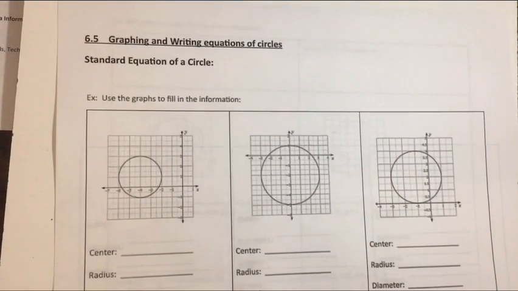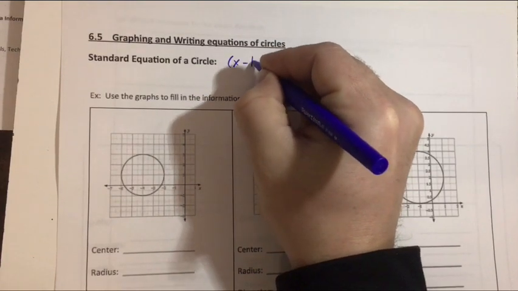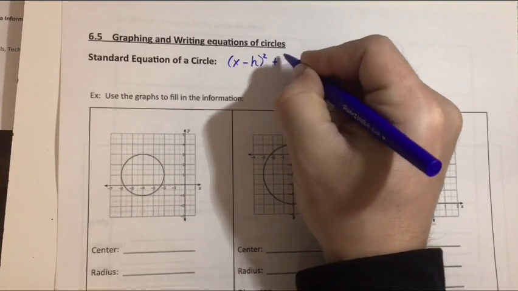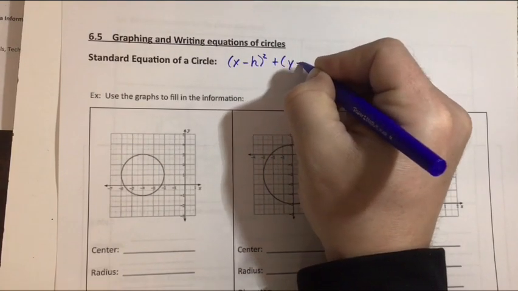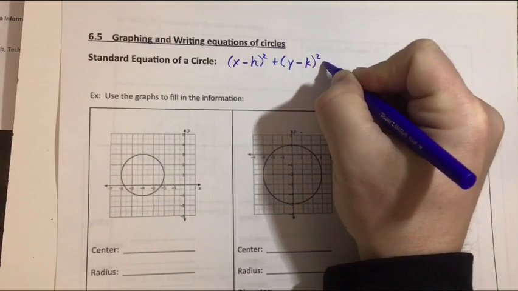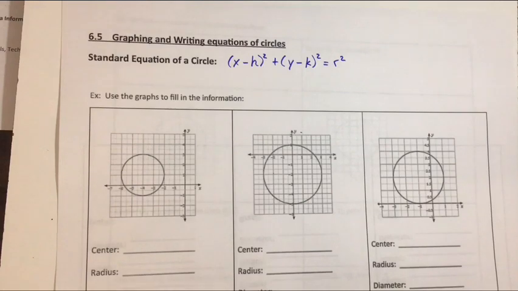All right, and so our equation of a circle is still in terms of y and x. And here is your equation of a circle. x minus h, squared, plus y minus k, squared, equals r squared. Now this looks a lot different than anything you've seen, but it also looks similar to things we've seen.